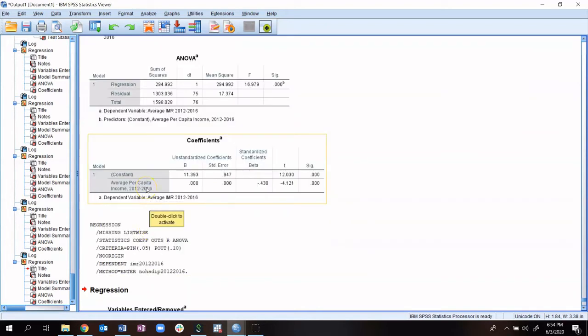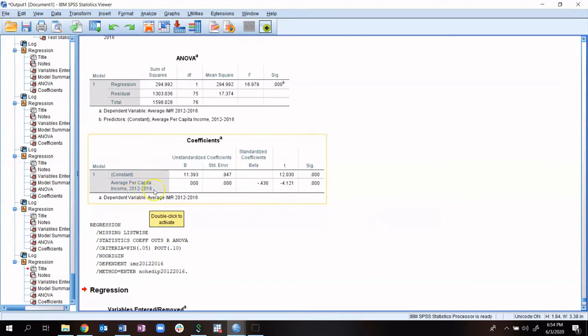For the coefficients part of this, if we were able to make every community area have a per capita income of 0, the average infant mortality rate would be 11.39 deaths per 1,000 births. Which is high, but we don't care too much about the constant row.